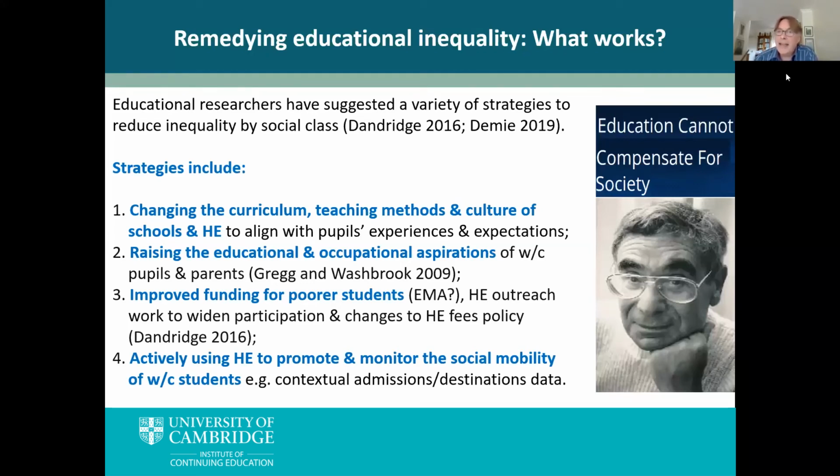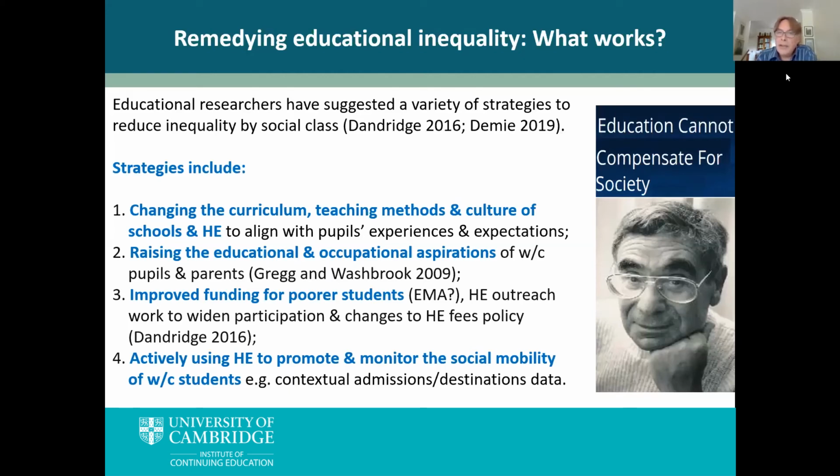This is the sort of AAB, aspirations, attitudes and behaviour research, which has rather unkindly sometimes been referred to as cloning the Blairs, as in Cherie and Tony Blair, parents, middle class, children doing reasonably well in education, and replicating the values of that type of family to try and encourage children to see the merit of succeeding in school, of progressing to university, in order to improve their life chances through social mobility.